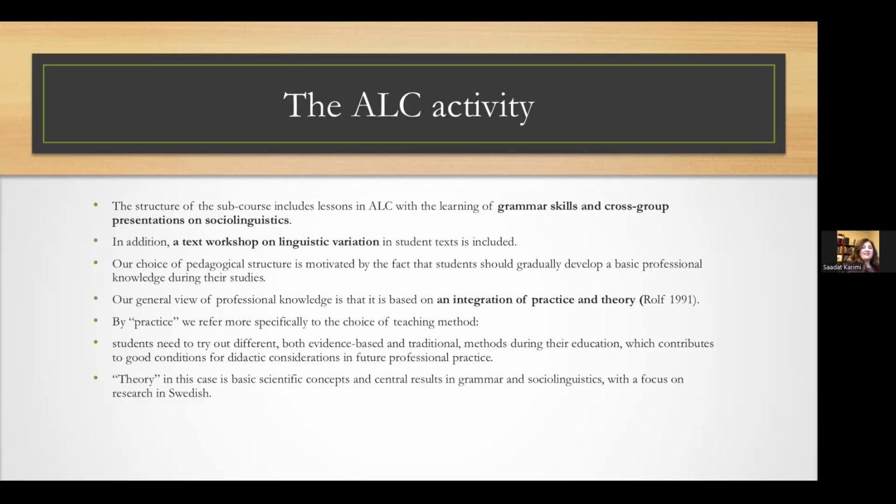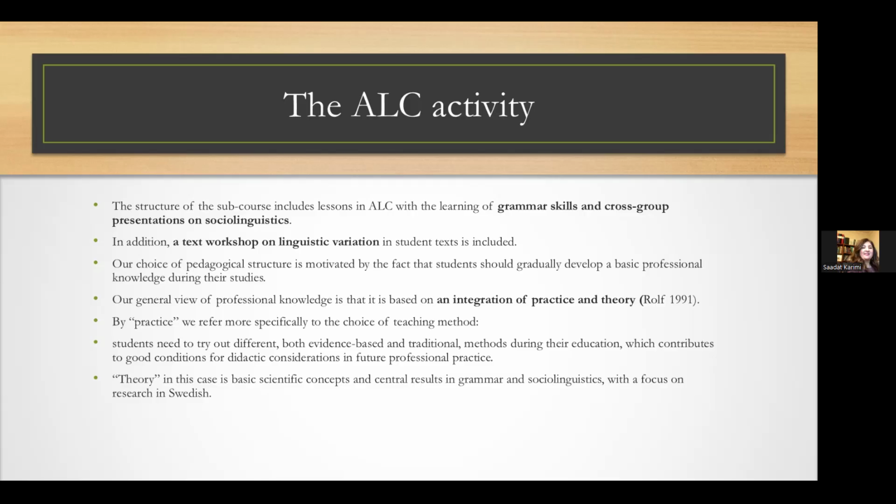Our choice of pedagogical structure is motivated by the fact that students should gradually develop a basic professional knowledge during their studies. Our general view of professional knowledge is that it is based on an integration of practice and theory.